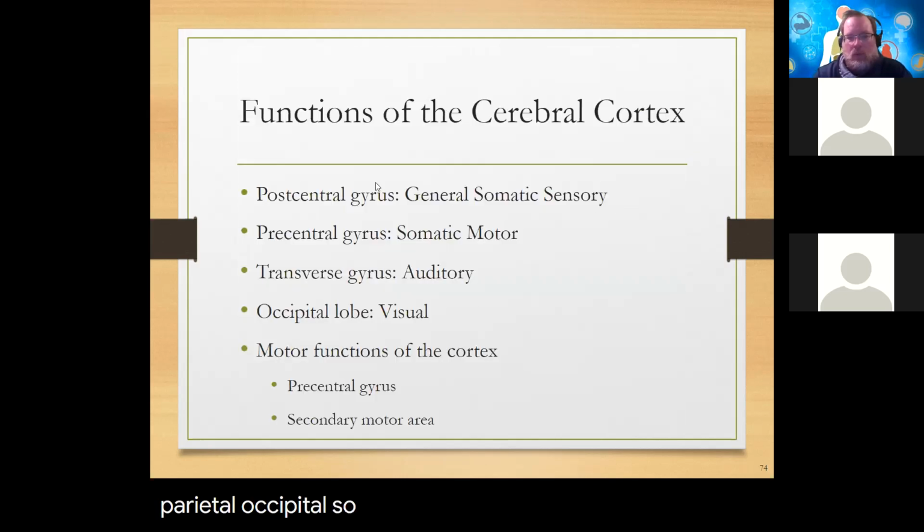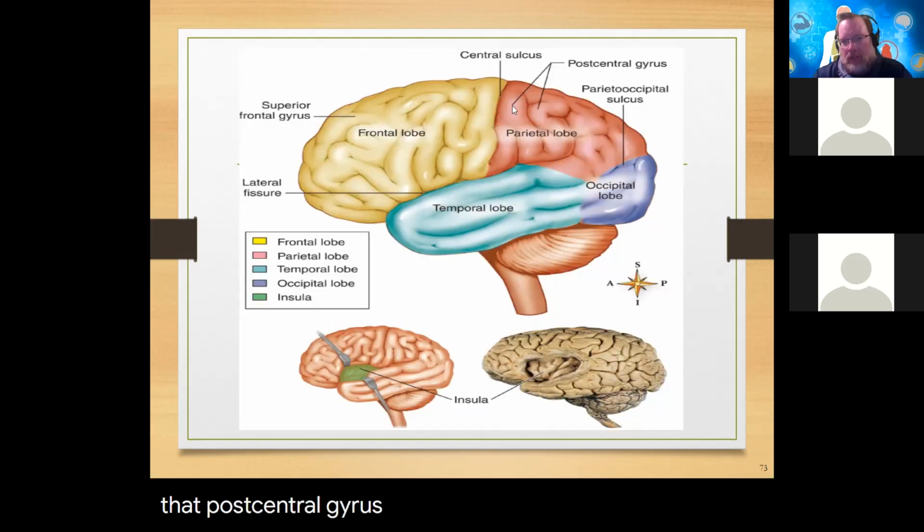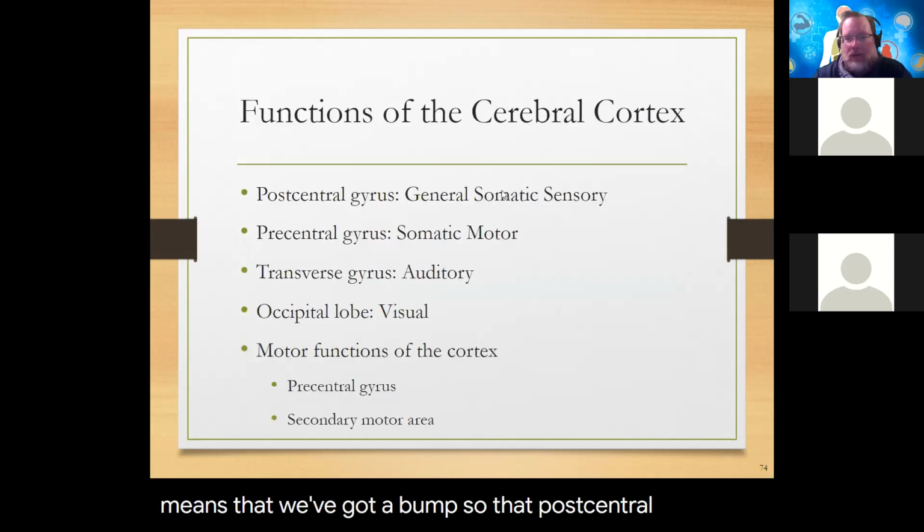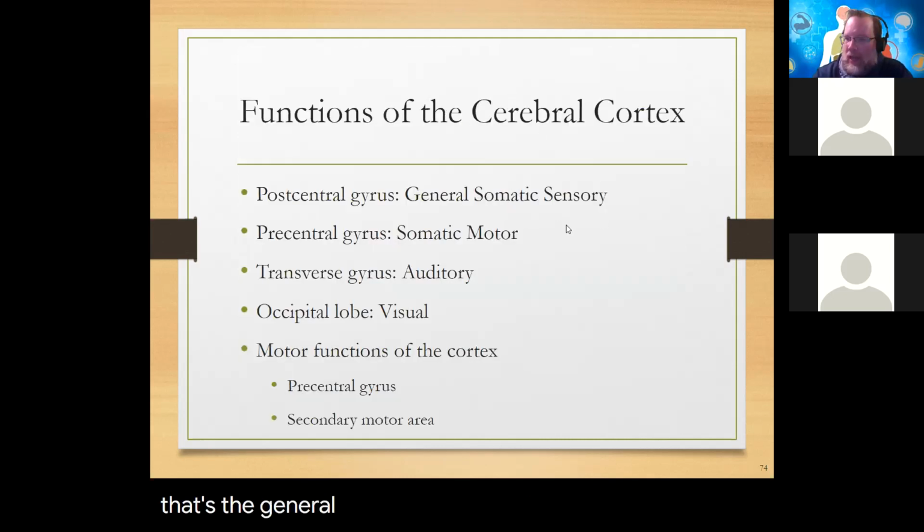Okay, so a couple of those areas I just mentioned, that post-central gyrus. Post meaning behind, central, of course, the center, and gyrus means we've got a bump. So that post-central gyrus is the general somatic sensory area, and somatic has to do with what's coming in from the body.